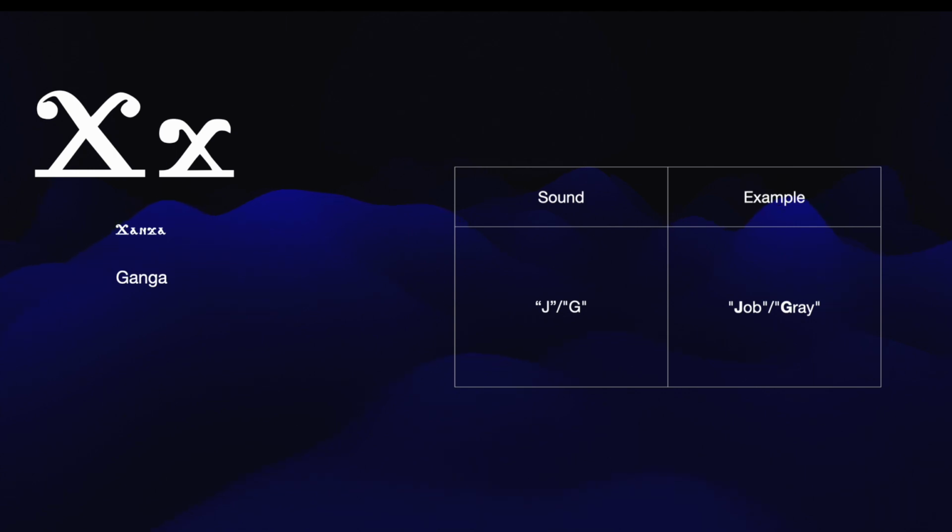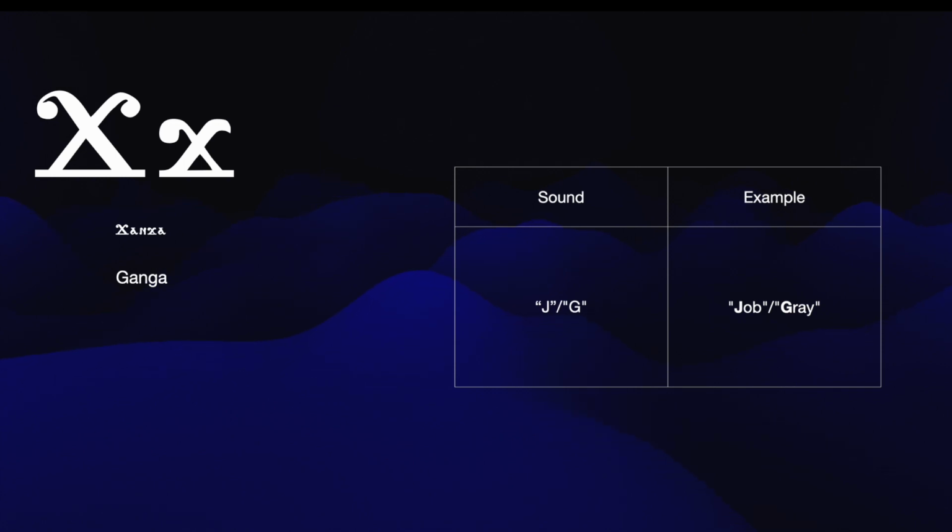I know that other people pronounce it as Janja, and that used to be a difference in Old Bohairic. Ganga always made a J sound, but as time went on, it developed the two pronunciations, J or G, just depending on what comes after it.